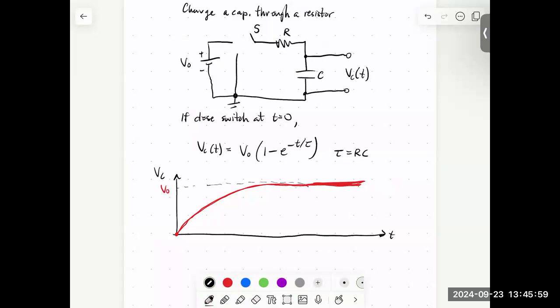We'll put a ground here. In this picture, we start with the switch down and then we flip it up and we charge it. We could start with the switch up, the capacitor fully charges, and then we flip the switch down so that it would discharge through the resistor.